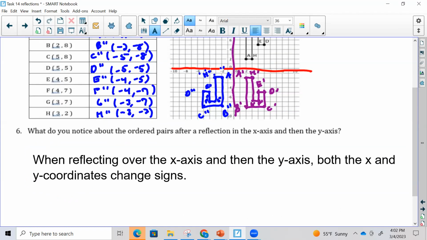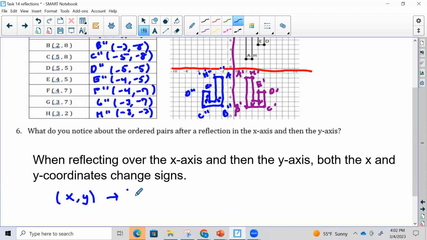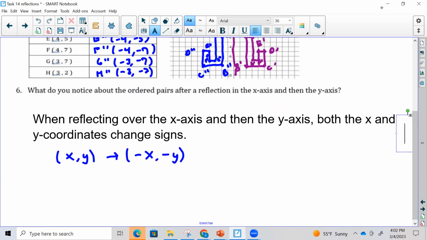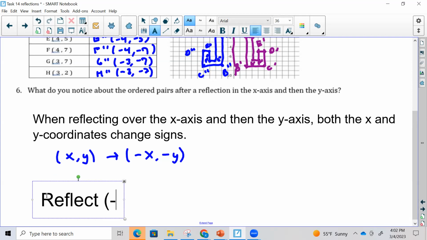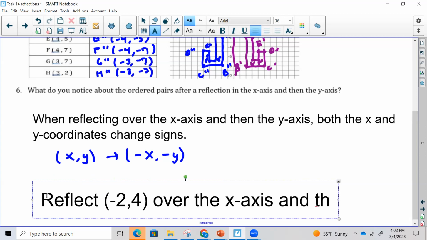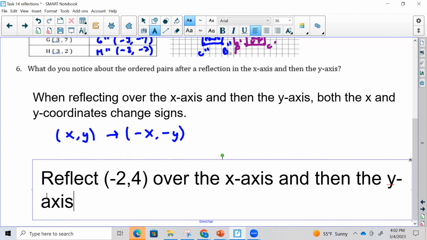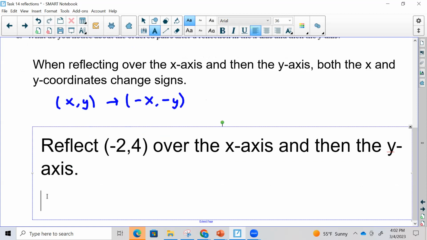And so what that means is x, y becomes -x, -y. Okay. Now, just for an example, to be careful about negatives, if the question said reflect -2, 4 over the x-axis and then the y-axis, if I'm using that rule, the image is both opposite signs.